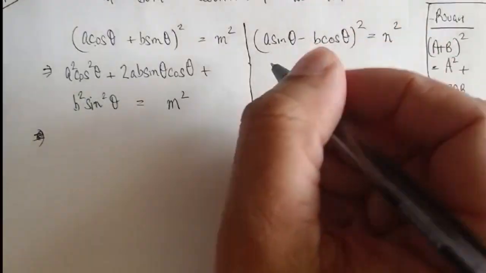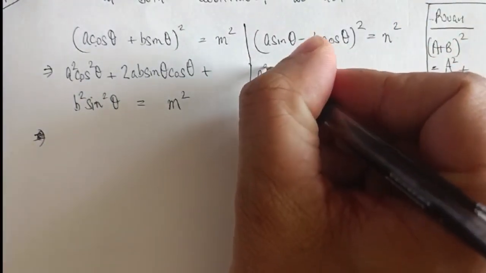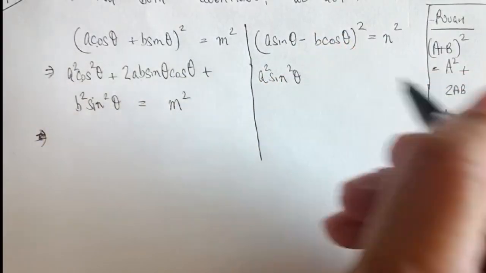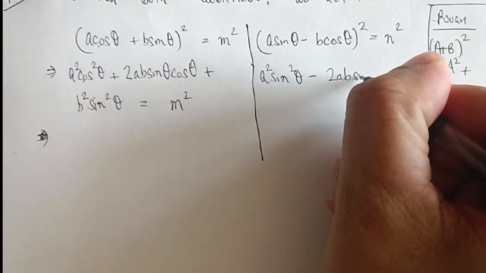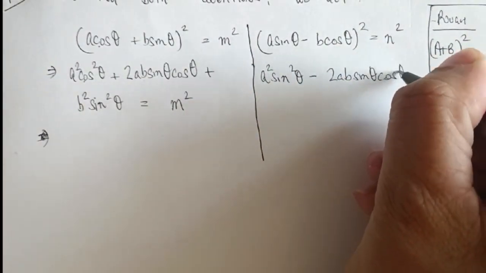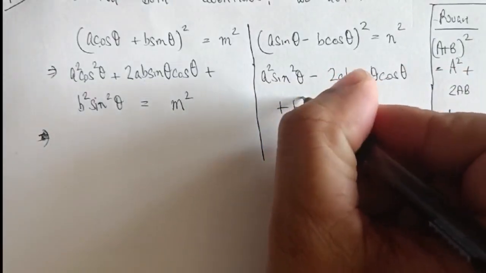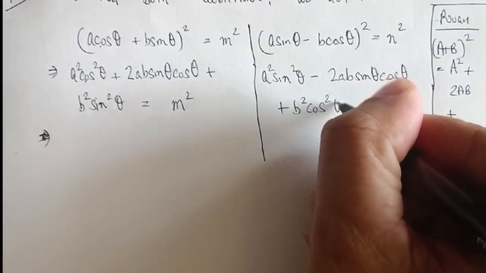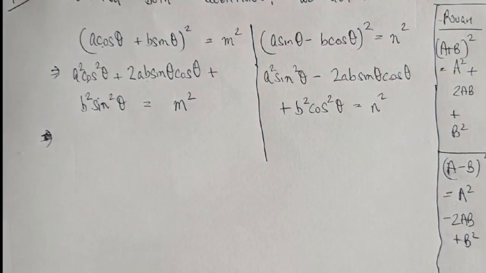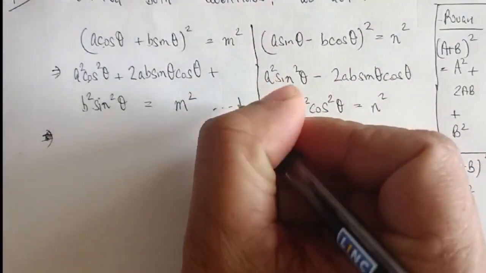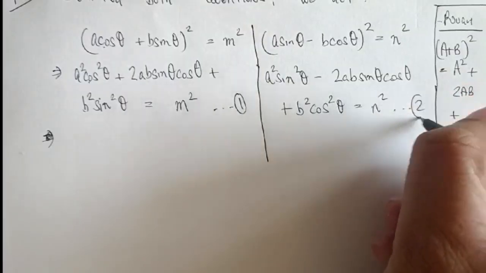So, we employ that here. That gives us a squared sin squared theta minus 2ab sin theta cos theta plus b squared cos squared theta is equal to n squared. So we will call this equation 1, we will call this equation 2.